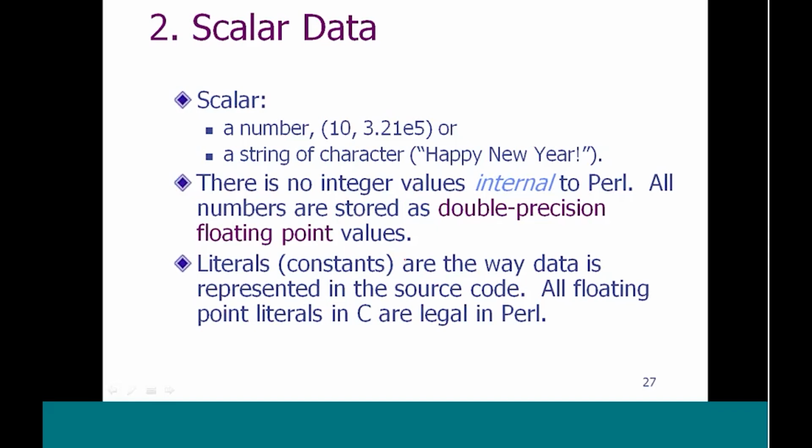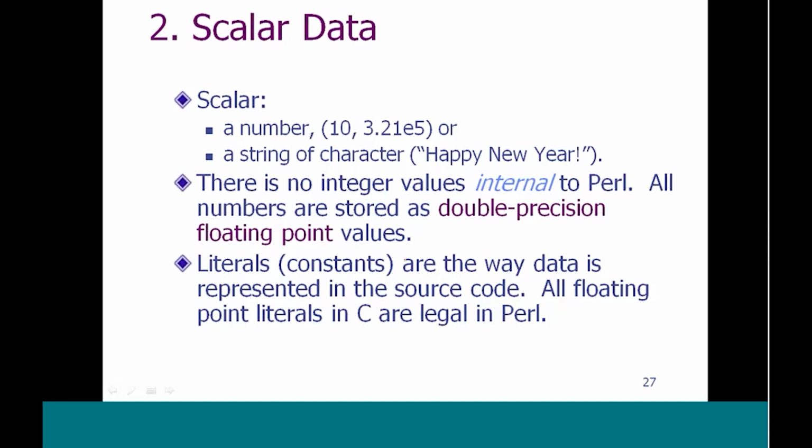So now let's look at the data types and basically how we operate on this data. So number one is scalar data. We already saw the scalar variable, but now the data can be numbers or strings of characters. So any particular string is also a scalar. And one thing to note is, as I mentioned earlier, Perl is not a strongly typed language, and there are no integer values internal to Perl.